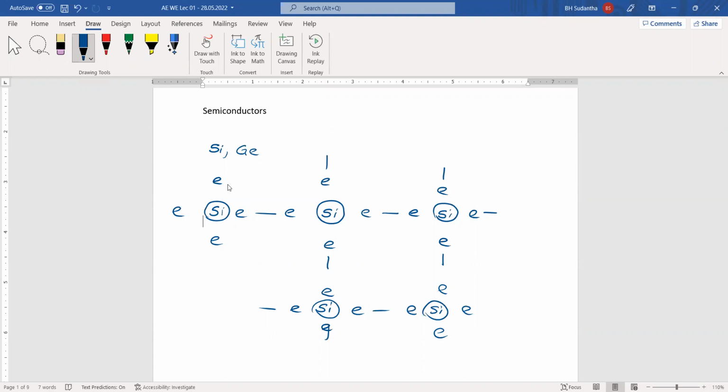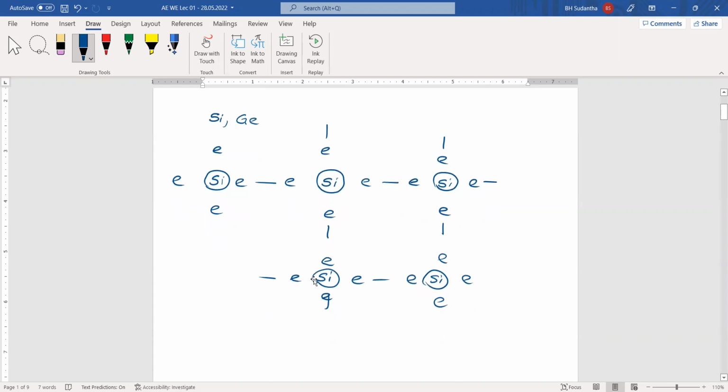But these bonds are not very strong, and when the temperature increases, some of these bonds may be broken. Then because of these broken bonds, some of the electrons may get freed.